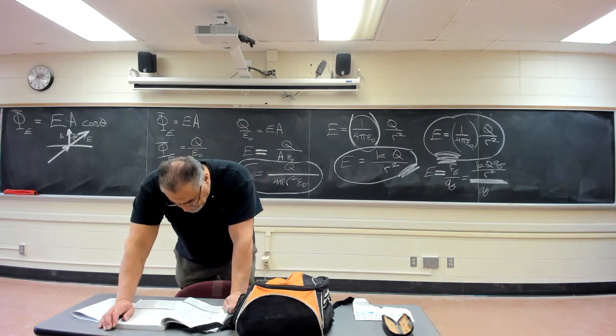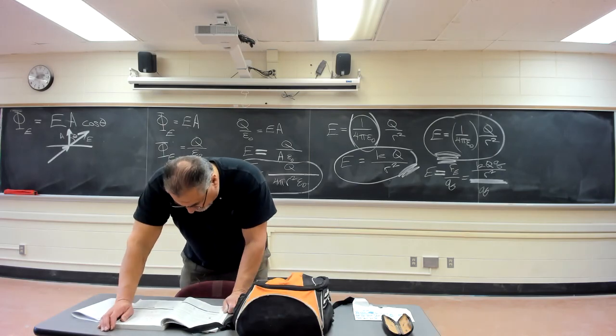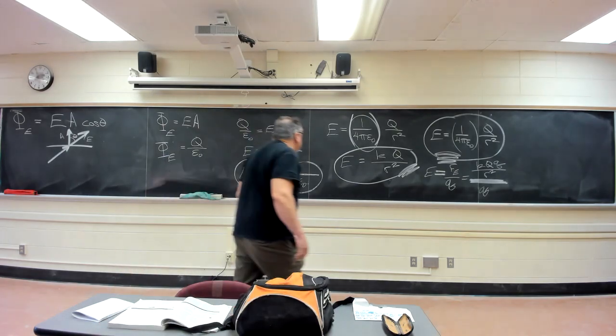The electric flux through any arbitrary surface, and this is very important. The electric flux phi through any arbitrary surface surrounding a charge Q is Q over epsilon naught. This is universal.